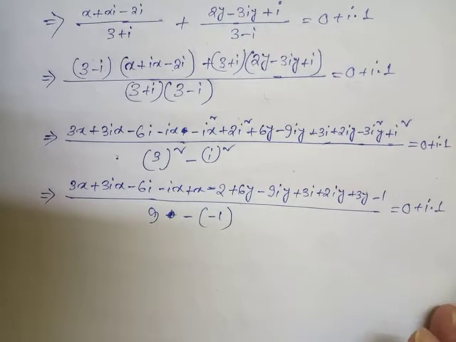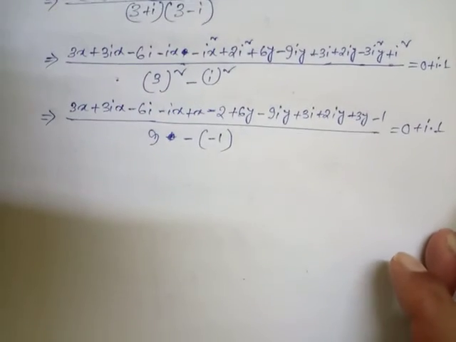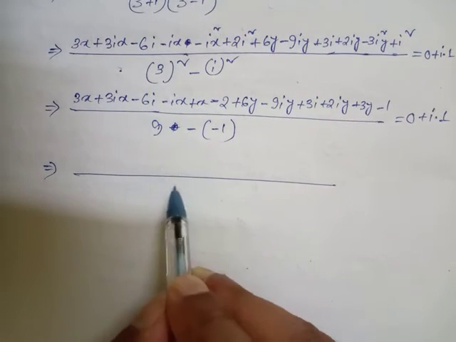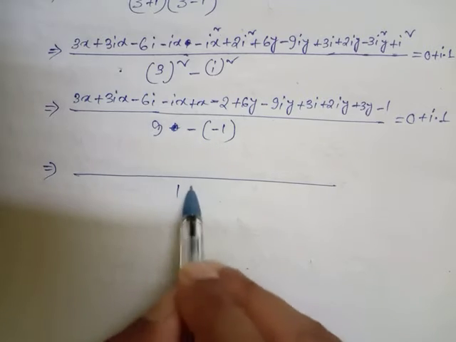Now look student, the remaining portion will be 9 minus minus plus, means 9 plus 1, 10 will be here.